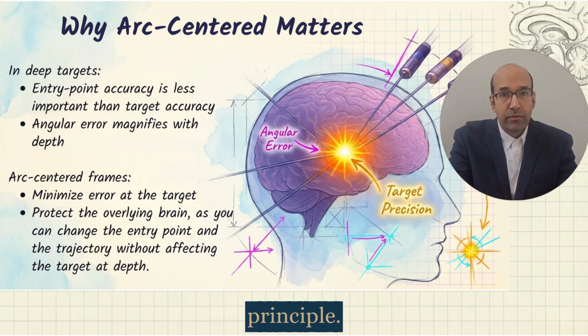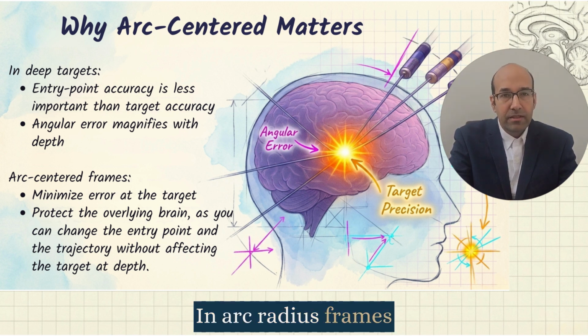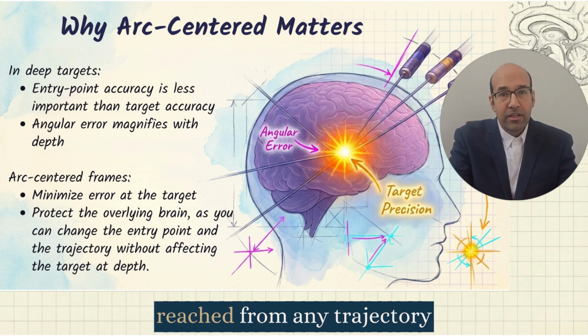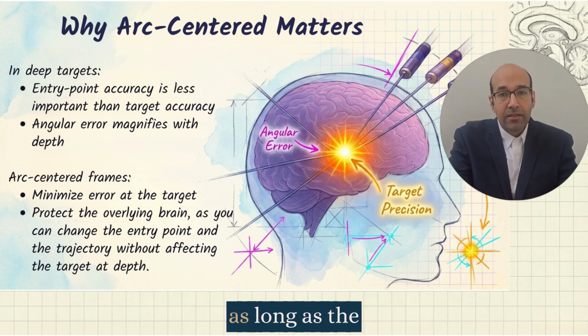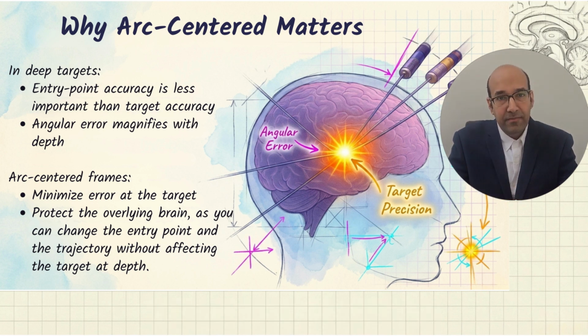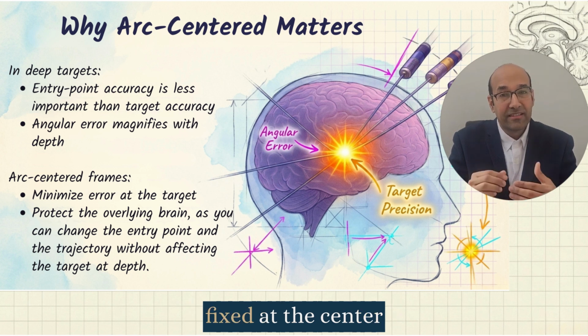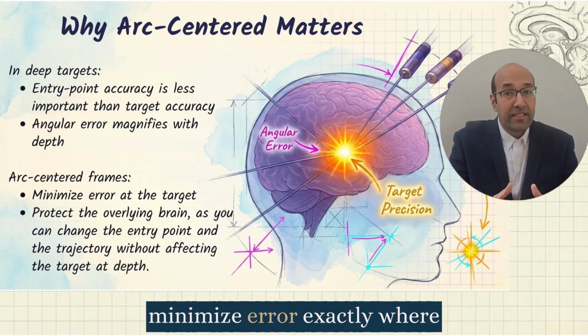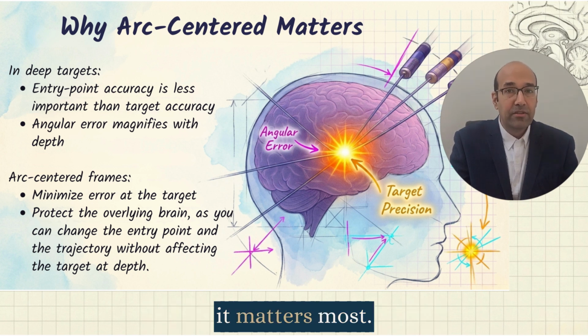This is the key principle. In arc radius frames like CRW and Leksell, the target can be reached from any trajectory as long as the target coordinates and depth remain fixed. By keeping the target fixed at the center of the arc, you minimize error exactly where it matters most.